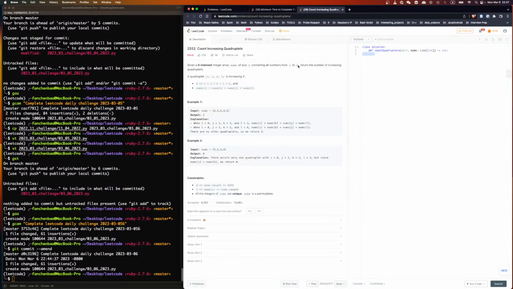Because if you think of a monotonic stack, what is a monotonic stack? Right? It's constantly going up. So between each pair of elements in the monotonic stack, everything inside is smaller than them.